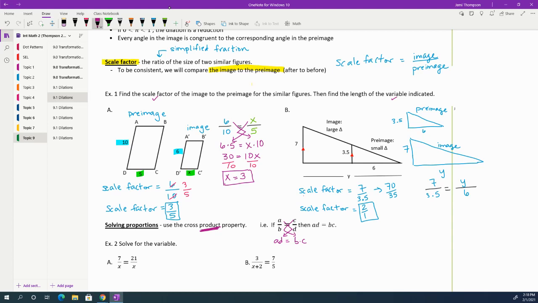Okay, so once I have my perfectly set up proportion, I'm going to use the cross product property to multiply. So 7 times 6 gives me 42. Make sure you're multiplying. And then 3.5 times y gives me 3.5y. Then divide by 3.5.